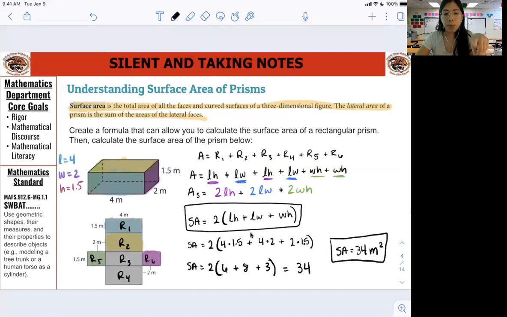If you forget the formula, you can always do it the long way, right? Because for surface area, all we're doing is adding up the area of each individual face. So if you forget the formula, no big deal. Just do it the long way, add each individual area up. But the formula definitely helps us to do it a little bit more quickly.